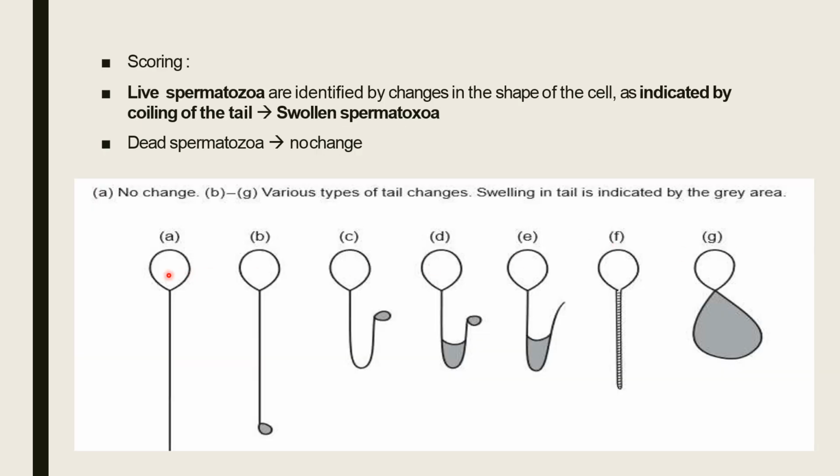We can see the live spermatozoa, they would swell up. Here we can see they would become like this, their tails would swell up, and the dead spermatozoa would not swell up because their membranes are damaged, so water would enter but they would not be changed.